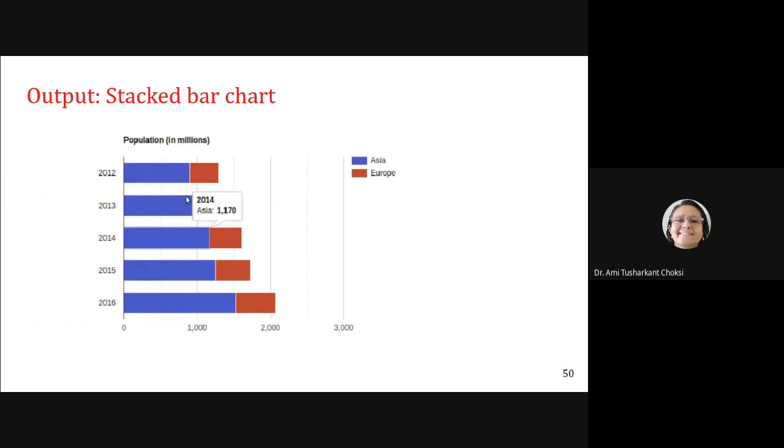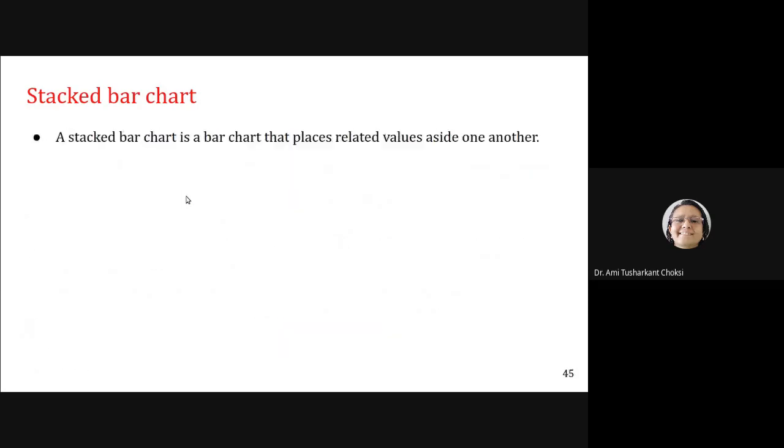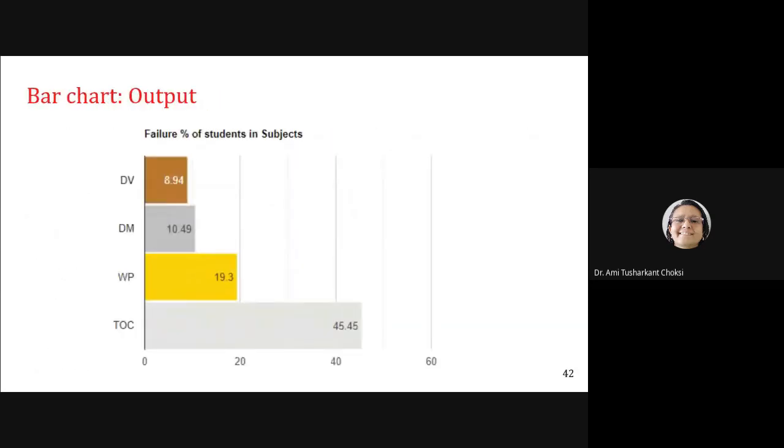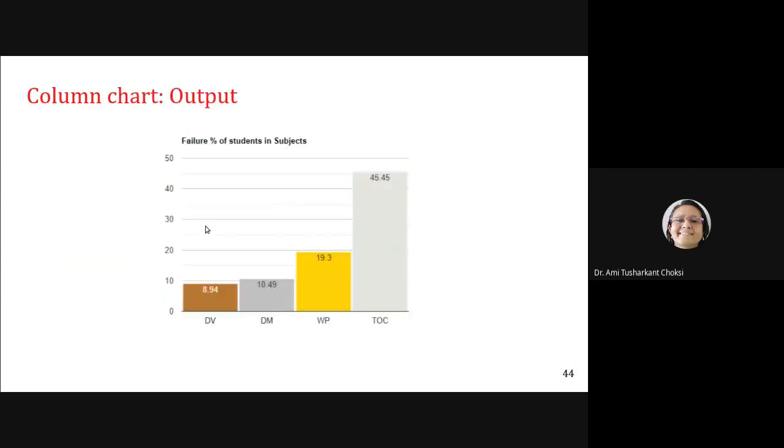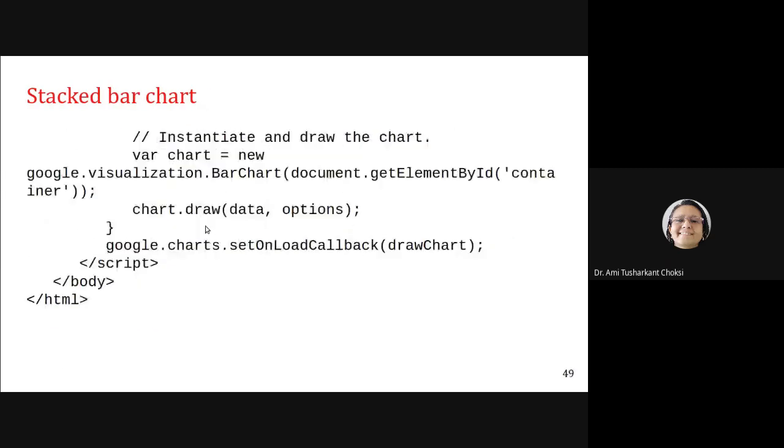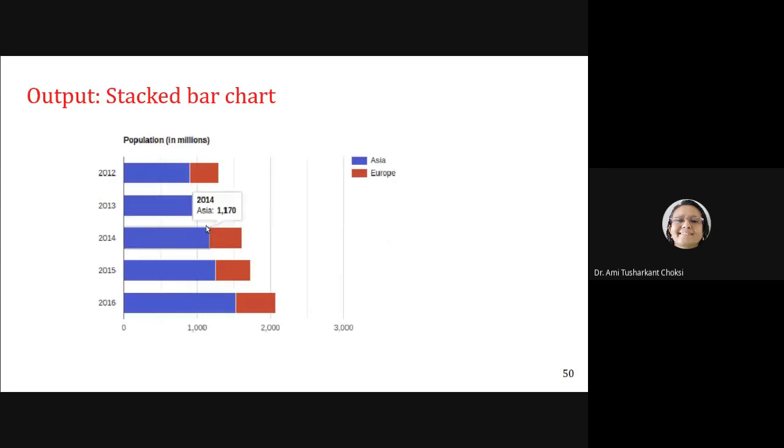What was there in the previous chart? A single chart was there for each bar. Here we have the population in millions, and this is for Asia, this is for Europe, right?